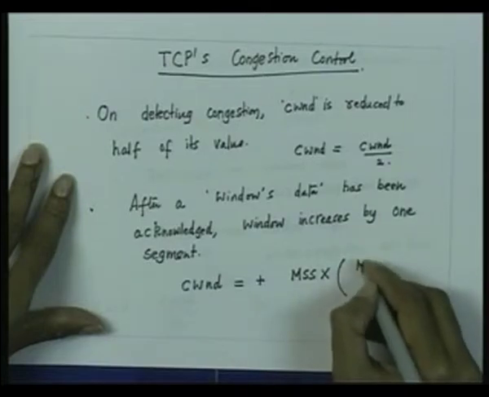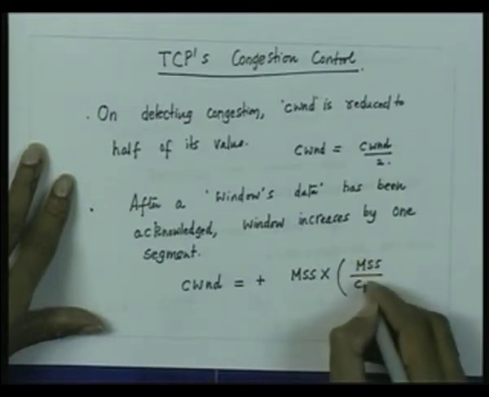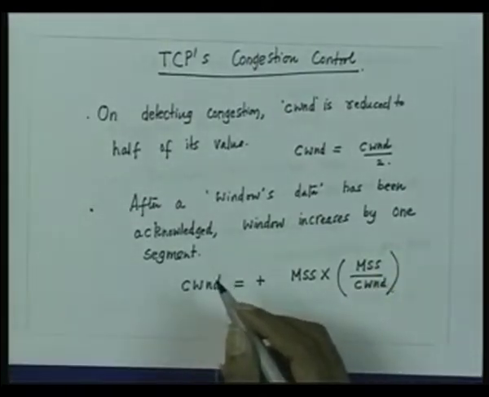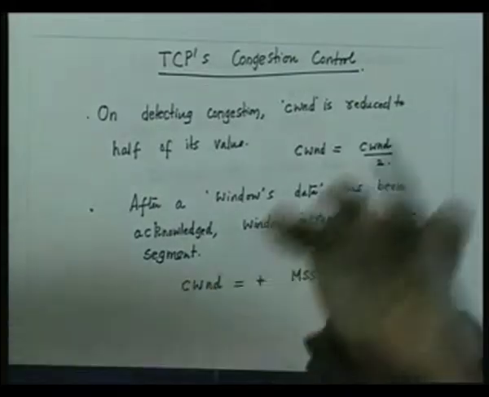Multiplied by maximum segment size upon the congestion window. Now if you try to see this in terms of packets, then it is something like this: for every acknowledgement that comes, the window size increases by 1 by W, and when all W acknowledgements have come, the window size will increase by 1.